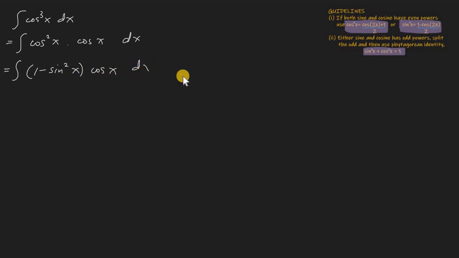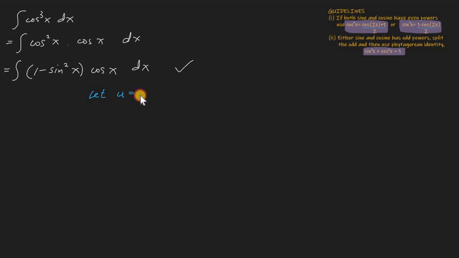You have to get until this part, and then we use the simple u substitution. Because here we have a sine and we have cosine x dx, I'm going to change it into u. So let u be this sine only.